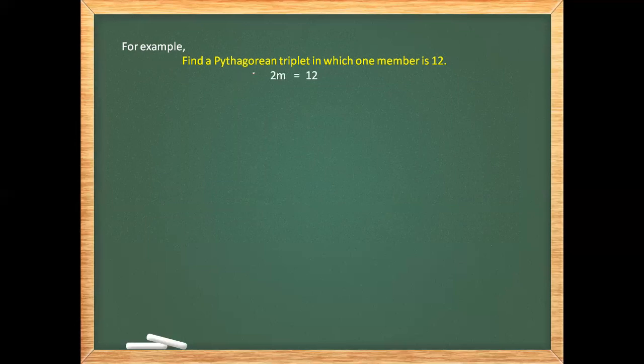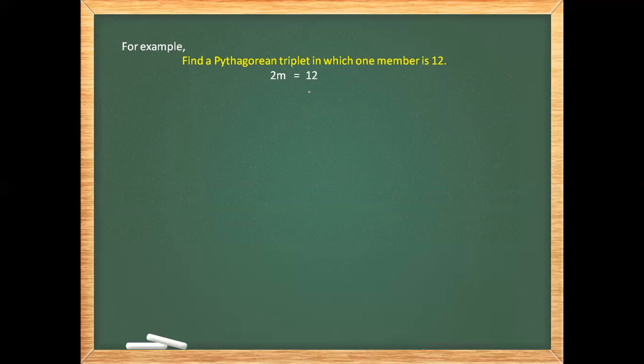Whenever we solve this type of question, we always consider 2m equal to the given number. For your standard, we follow this method. Most probably the number will be given as an even number only, so this formula is restricted to some numbers only.